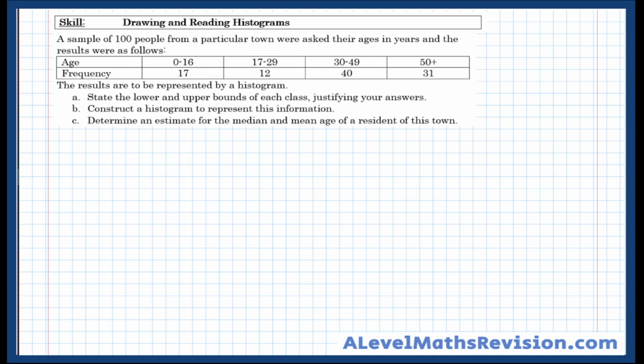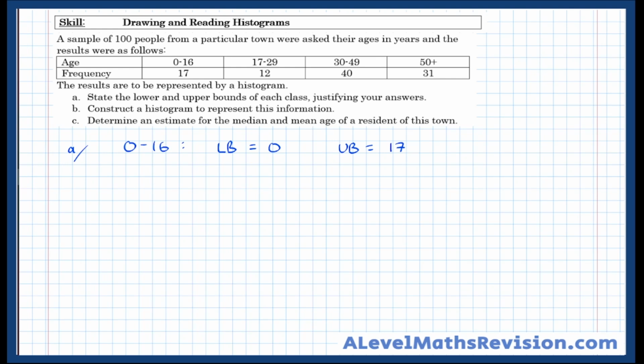So for part A, state the lower and upper bounds for each class. So the 0 to 16, the lower bound will be 0, because that's the moment that somebody's born, and the upper bound would be 17.